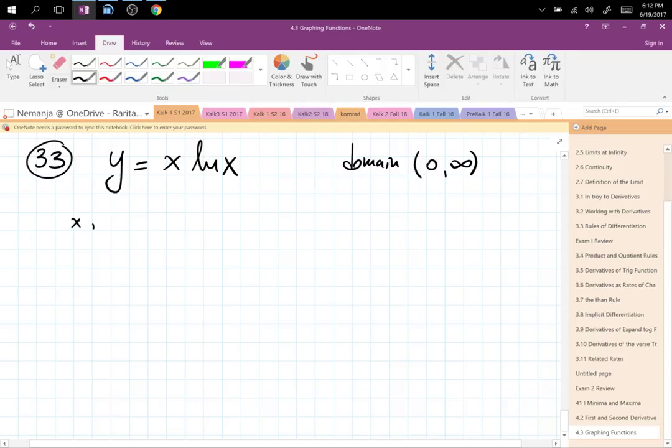Then we have our x-intercept, y equal to 0. That's x ln x equal to 0, x equal to 0, and ln x equal to 0. x equal to 0 is not in the domain.